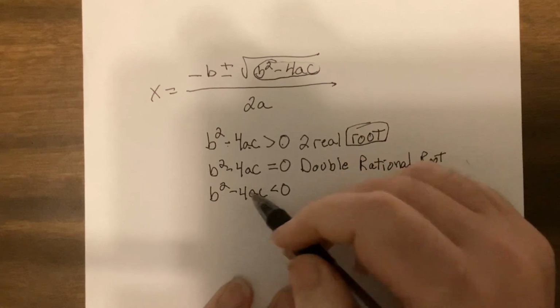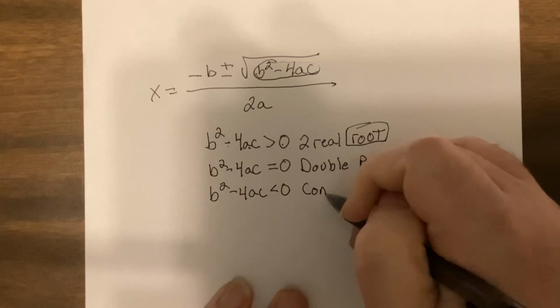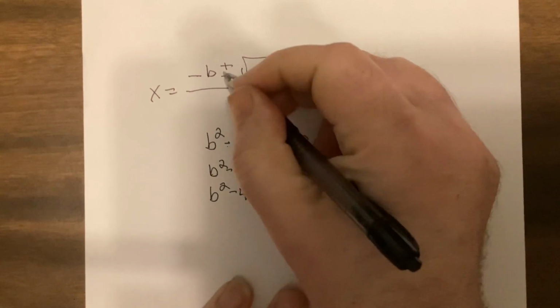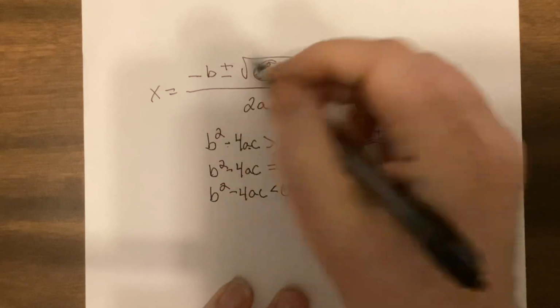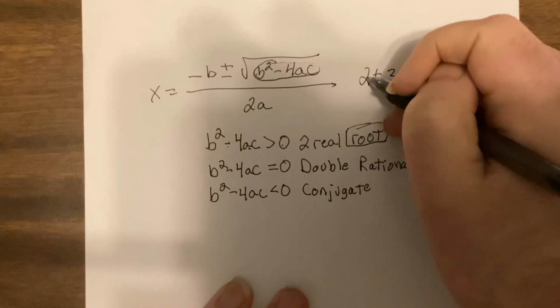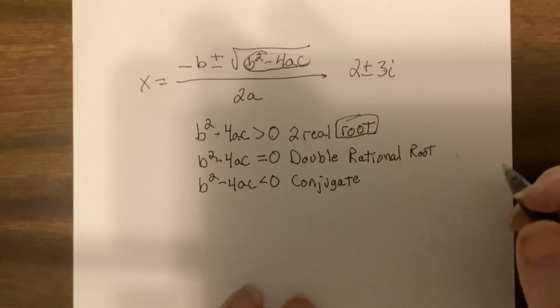But anyways, here we go. If it's less than 0, it's a conjugate pair, because you have the plus or minus. For example, it'd be 2 plus or minus 3i. So you have the same terms, but you switch the sign in front of the i, that's what a conjugate is.